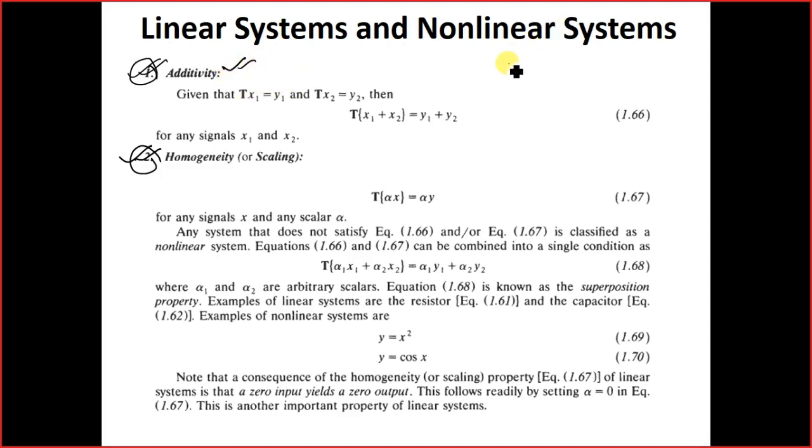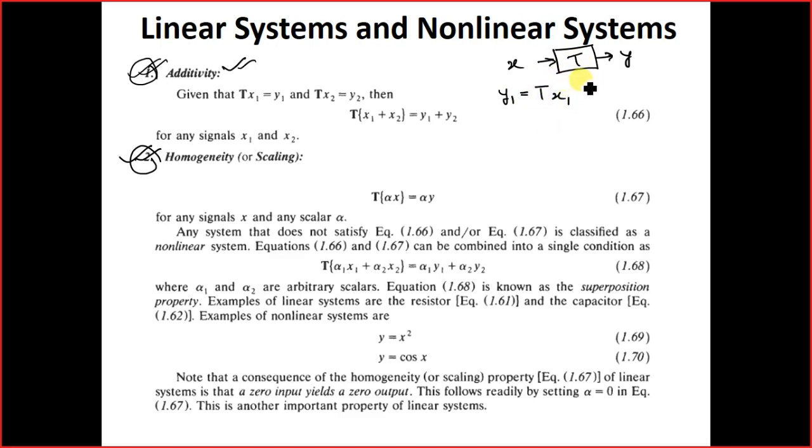So consider a system where we are giving an input x1 to a system which has a transfer function T, and we are getting y. Now suppose at a particular instance of time, my output y1 was T of x1.